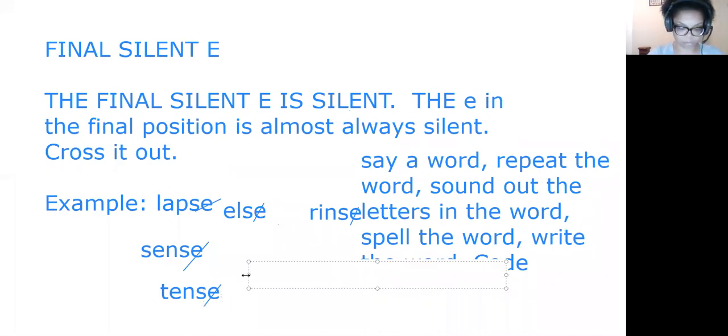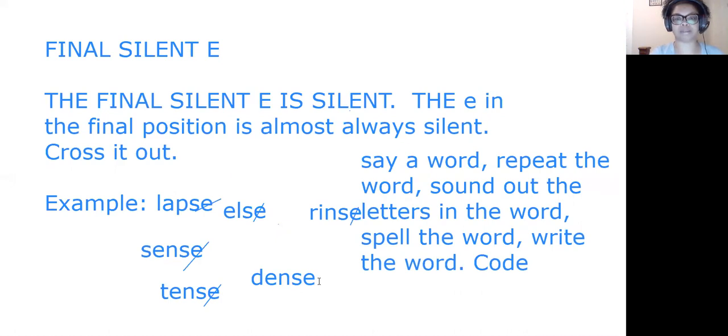We have the word dense. Let's say it. Dense. Let's sound it out. D-E-N-S. Let's spell it. D-E-N-S-E. Got it? Let's write it. D-E-N-S-E. Good job.